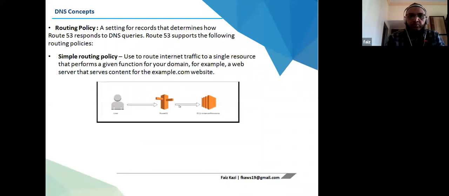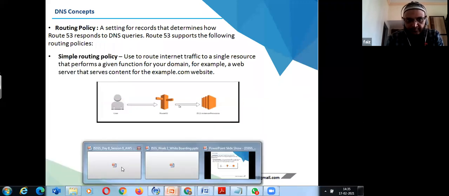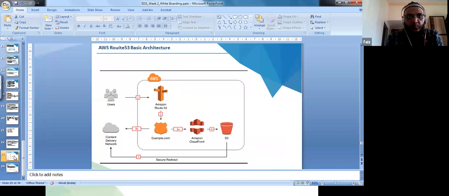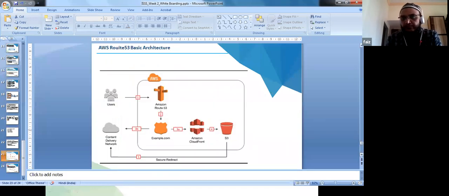So now we come to the actual scenario where we'll use Route 53, like AWS.com. Forget about CloudFront. Suppose I have an environment with my EC2 instance.